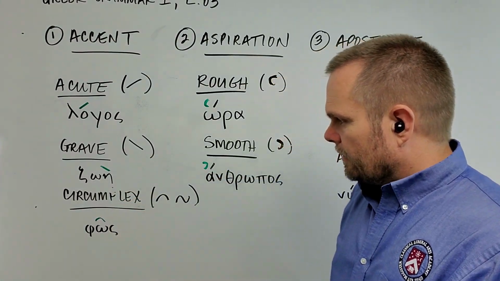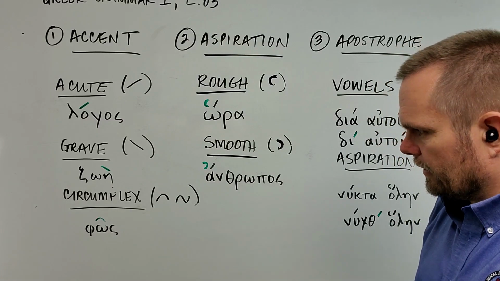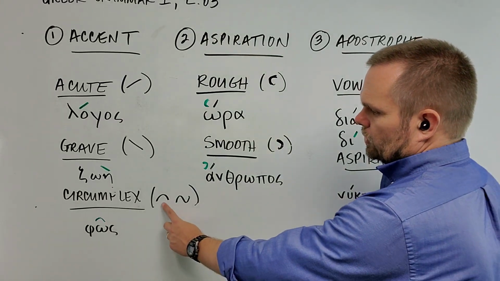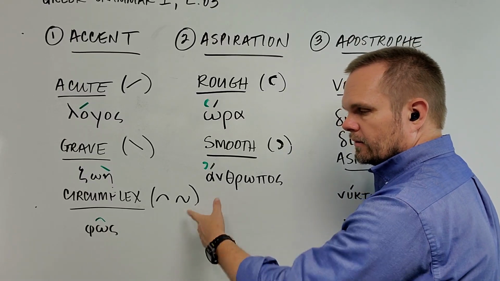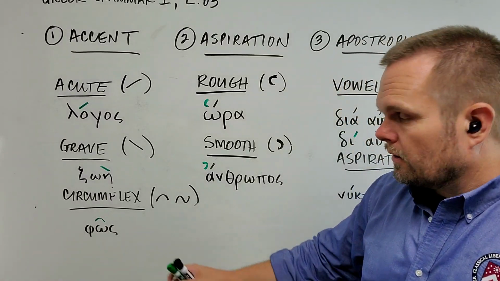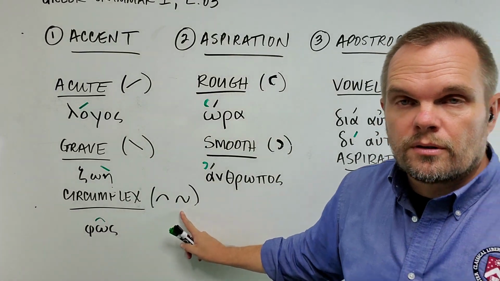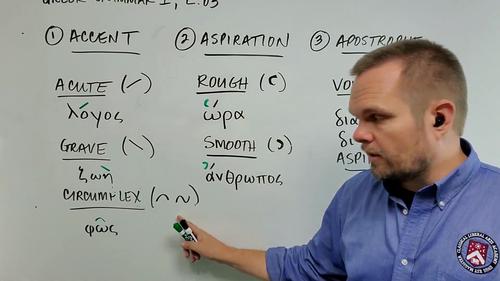And then lastly, we have the circumflex accent. There are two different forms of a circumflex accent that you'll see in print. Different books use different fonts, and they'll use different symbols to mark it.